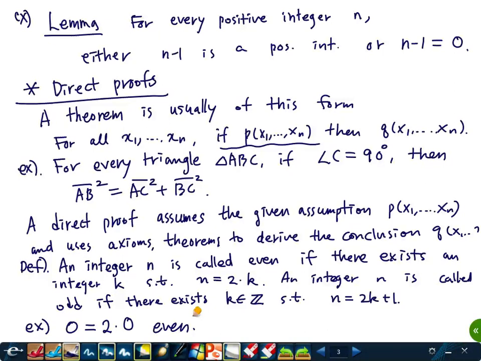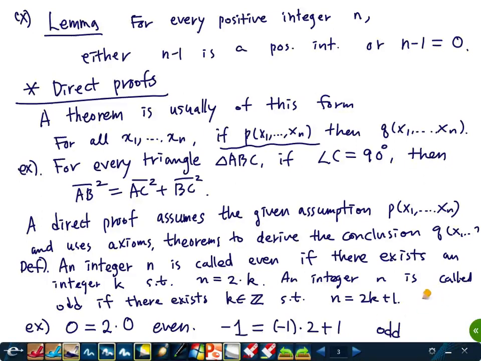But still a theorem. And what about minus 1? Is this an even integer or an odd integer? Odd. Why? Why is this odd? k equals minus 1, yes. So minus 1 equals 2 times minus 1 plus 1. You can write this as 2 times an integer plus 1. So it satisfies this condition, so this is odd. For any integer, you can determine whether it's odd or even in this way, just using the definition.